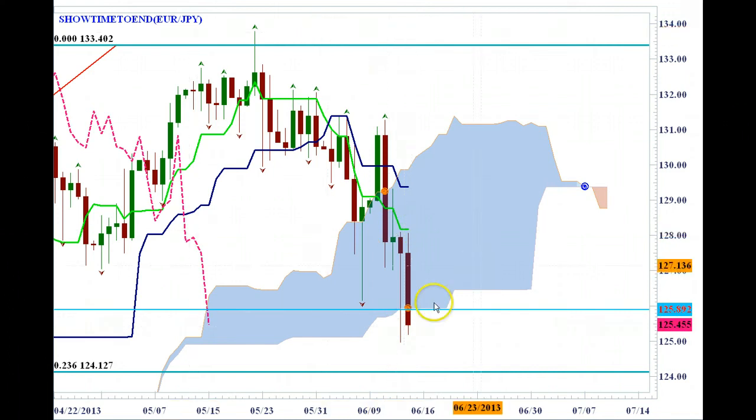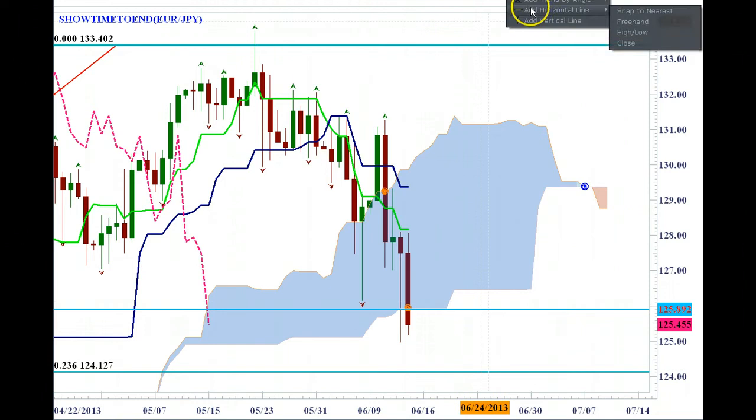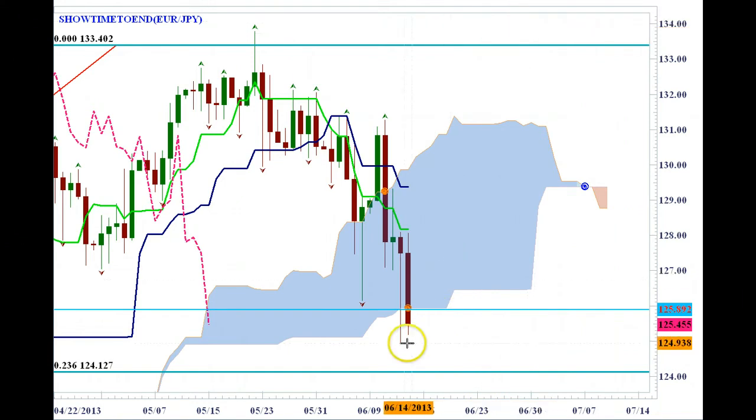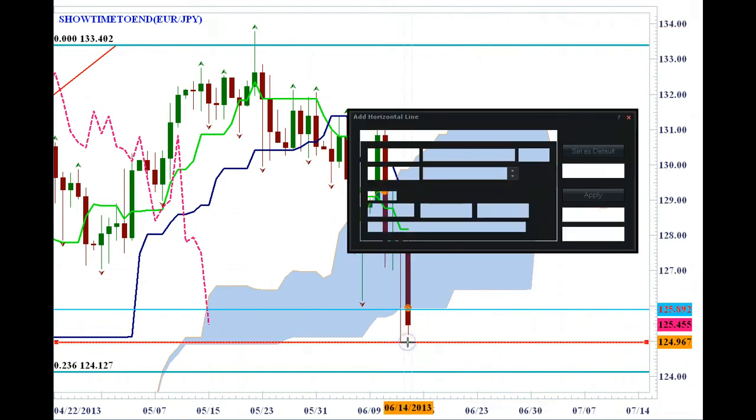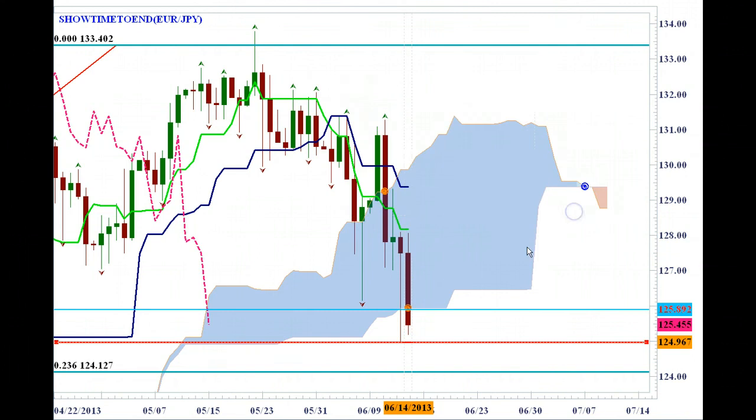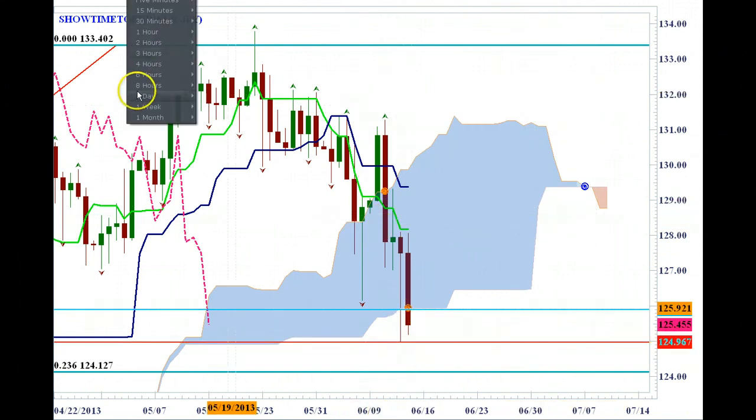Let's go to the 4-hour time frame. Let's put one more line just to see where we are. This is the lowest level right here on the daily time frame, where the price made its low right there. Let's see where that is based off of the 4-hour time frame.